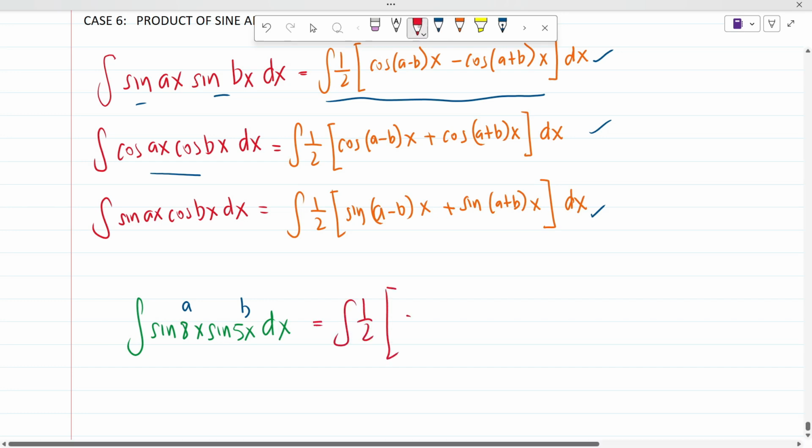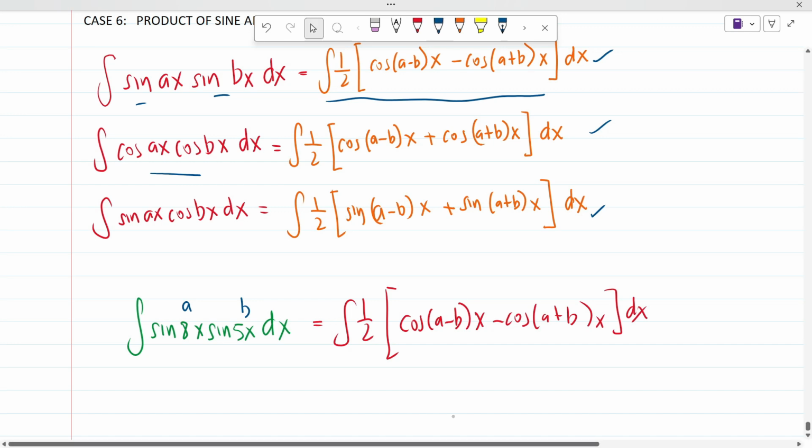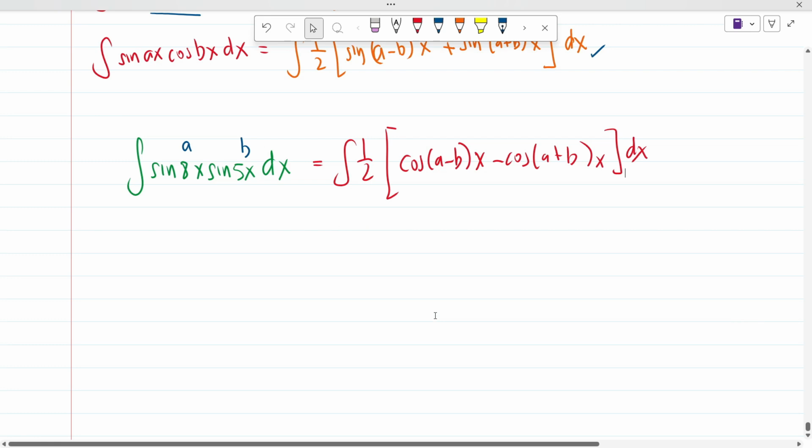So let's put 1 half of cosine of A minus B of x minus cosine of A plus B of x dx. Our A represents 8x, while the B represents 5x. So we just substitute.